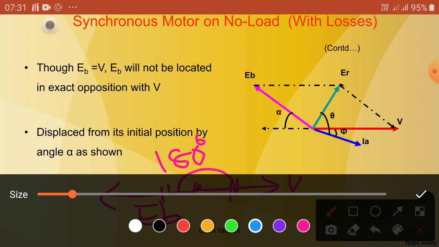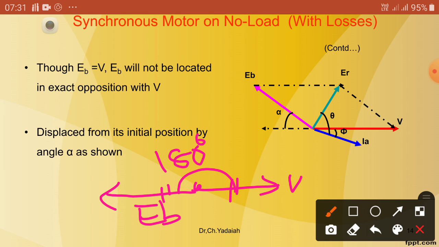EB is shifted by some angle here. Both are in opposite directions, so there is no meeting here. So some compromise takes place.